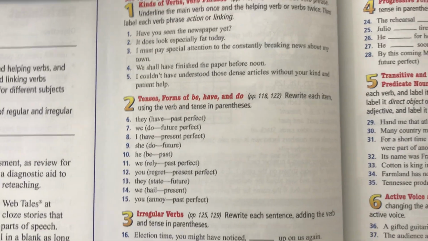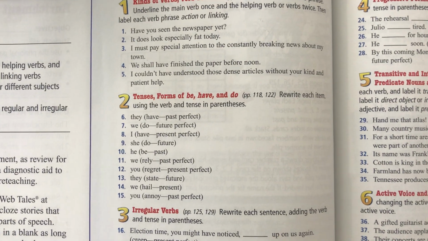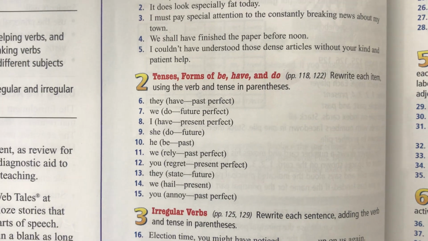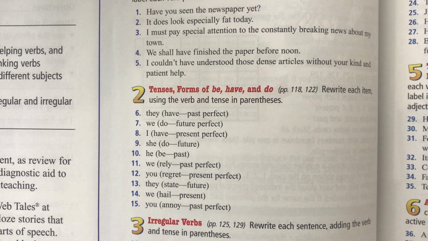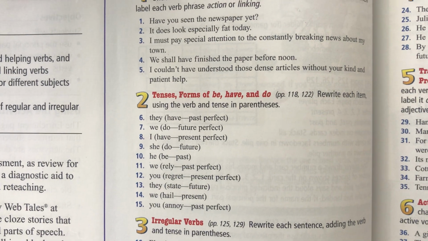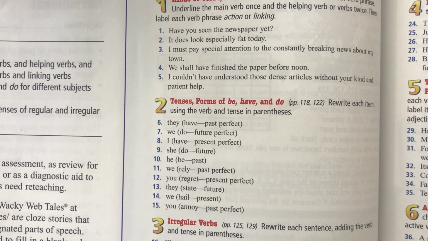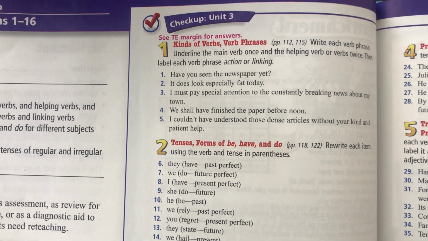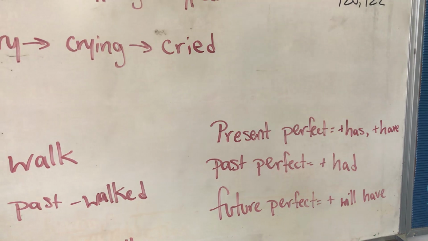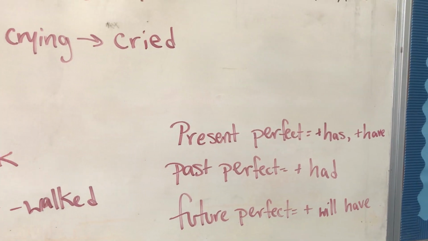Okay. So our instructions say to rewrite each item using the verb and tense in parentheses. So the first item that they have for us, number 6, would be they. So they want us to use the helping verb have, and they want us to put it in past perfect. So if we look back at our definitions, to use past perfect, you need to add had.